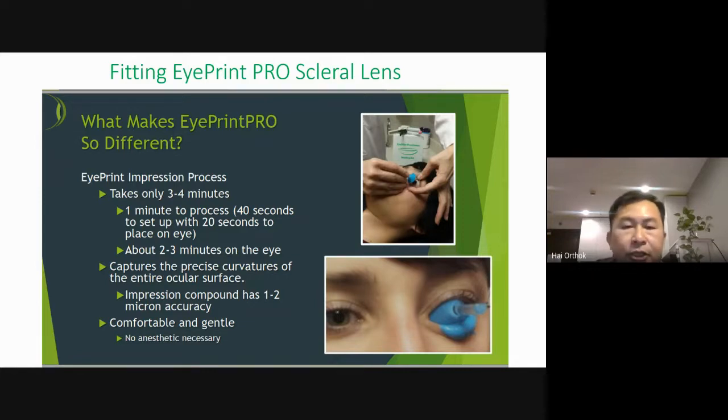We should have a scleral lens that very lightly touches the cornea 360, and it is very effective for most corneas. And the process only takes about 3 to 4 minutes. It takes about 1 minute 40 seconds to set up, 20 seconds to place the compound on the eye, and then 2 or 3 minutes waiting for the compound to dry and remove it.